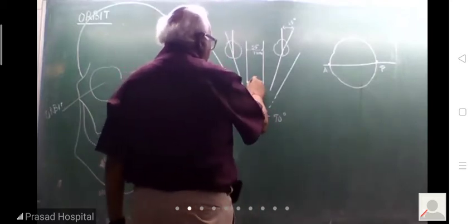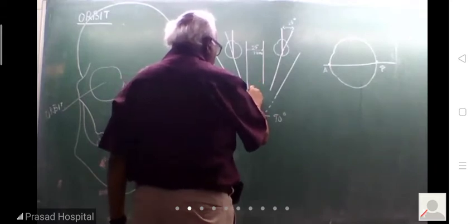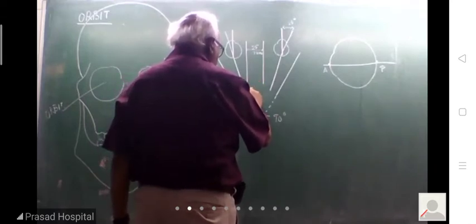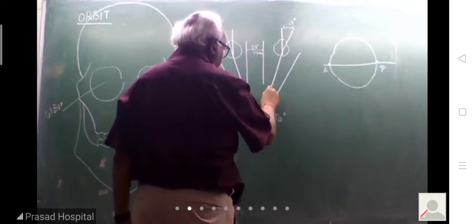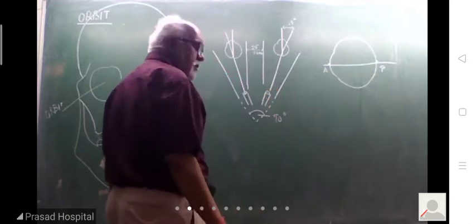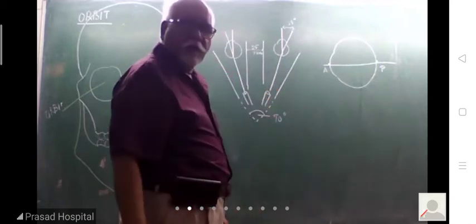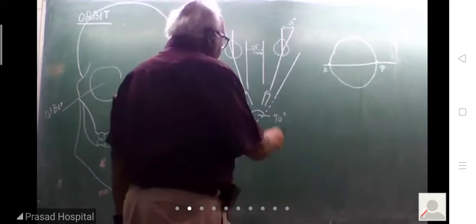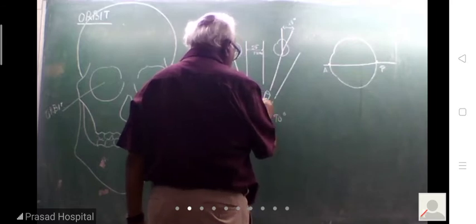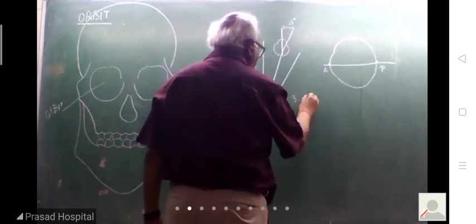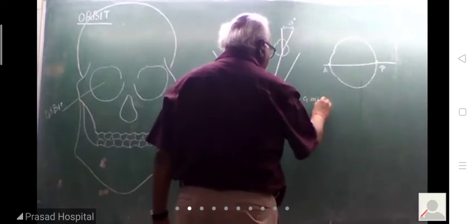In each orbit, there is a canal which is called an optic canal, through which the optic nerve passes and the ophthalmic artery passes. This optic canal is about 3 to 9 millimeters in length.